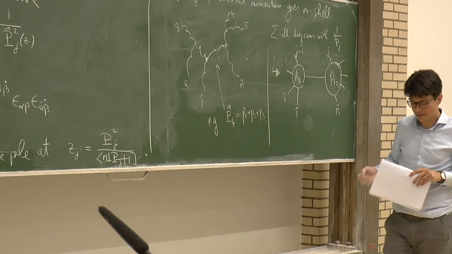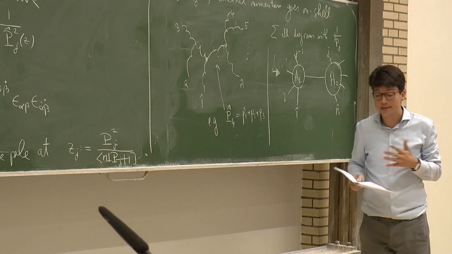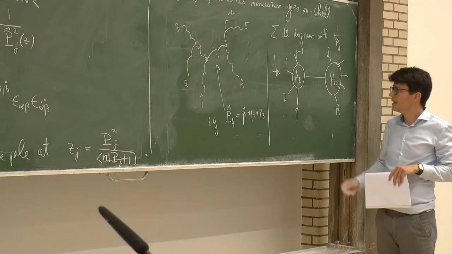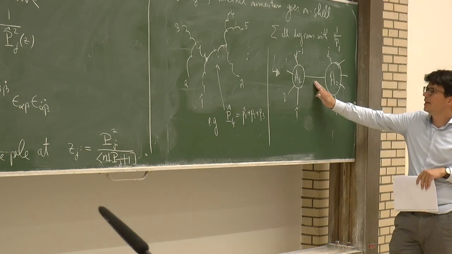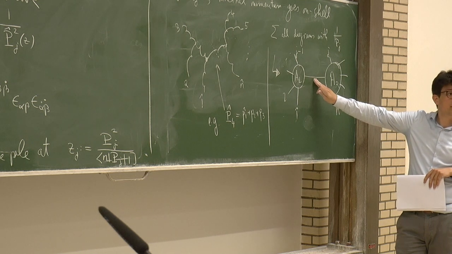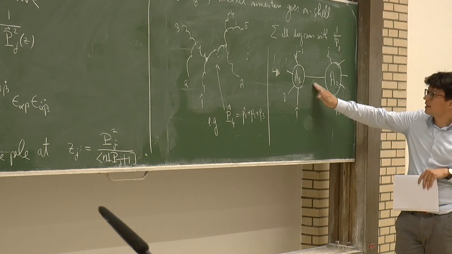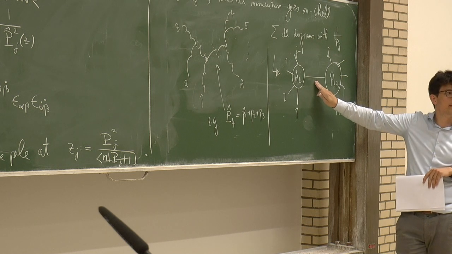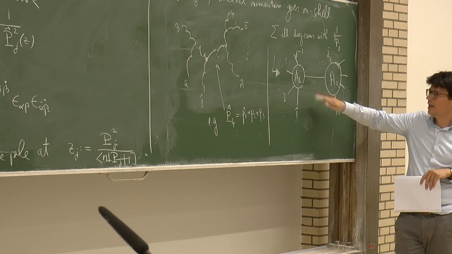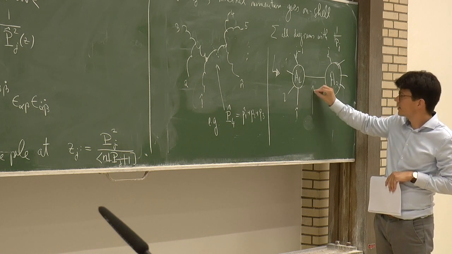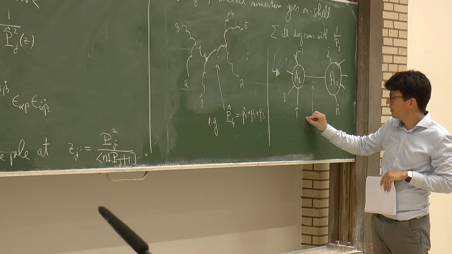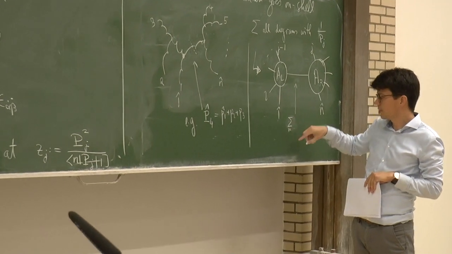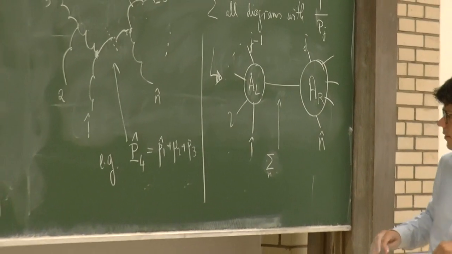One really has to go through the details, but I think it's reasonable to accept what I'm going to say, namely that when this internal particle goes on shell, what you get is a sum over all the possible helicity configurations for the internal line. So in this factorization formula, there will be a sum over h, where h are the two possible internal helicity configurations.